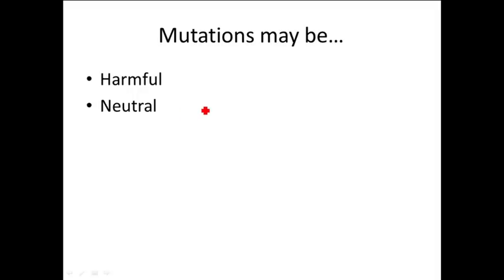If it's substituted to a nucleotide that still codes for the same amino acid, meaning it's still the same codon. Remember, the codon table has that redundancy built into it. Then you're going to end up with a neutral mutation. This would be no change to the protein. No change to the protein tertiary structure.